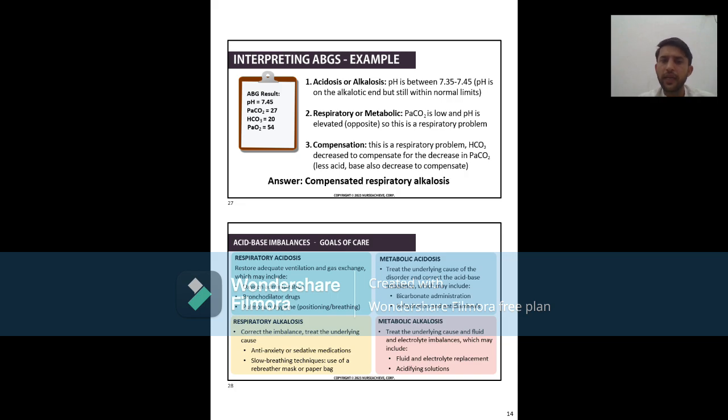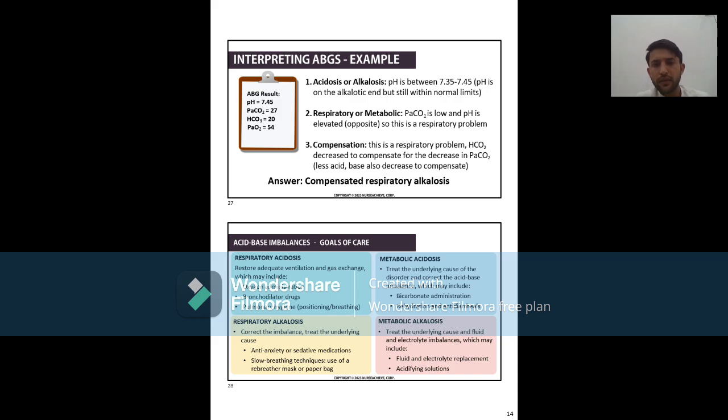If there is some anxiety, we have to provide anti-anxiety drugs, sedative drugs, slow breathing techniques, or use of a rebreather mask or paper bag to retain the carbon dioxide. If we look at the metabolic pattern, in metabolic acidosis, treat the underlying cause of the disorder and correct the acid-base imbalance, which may include bicarb administration, rehydration, and antidiarrheal drugs.